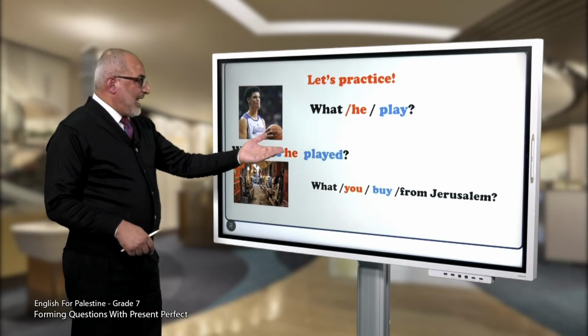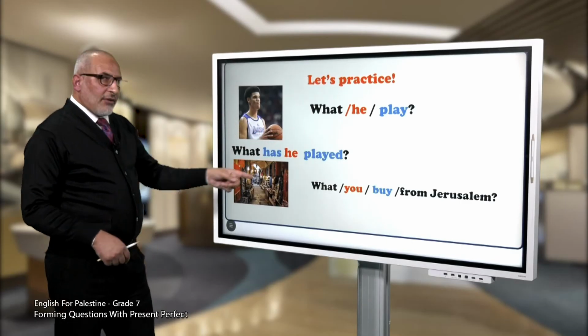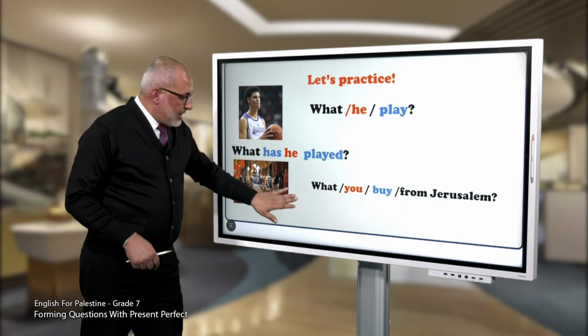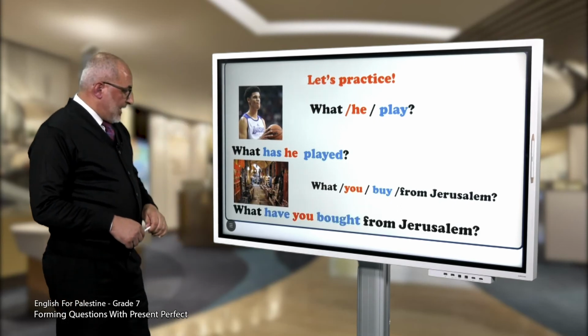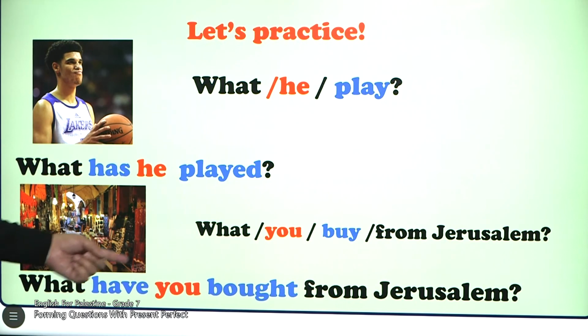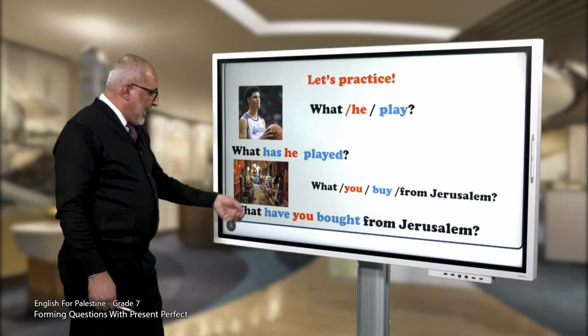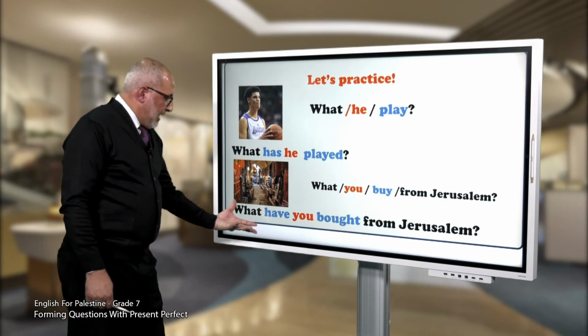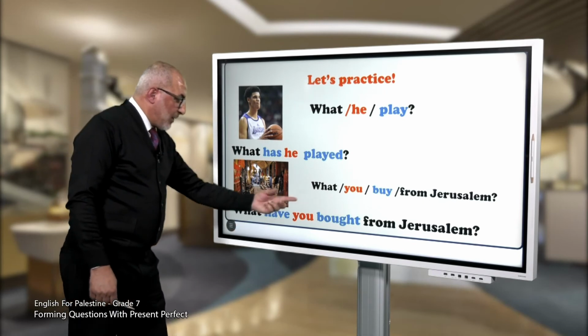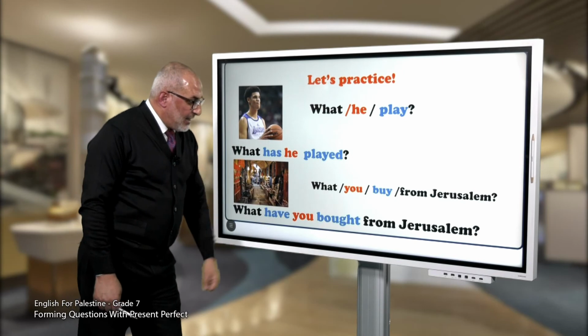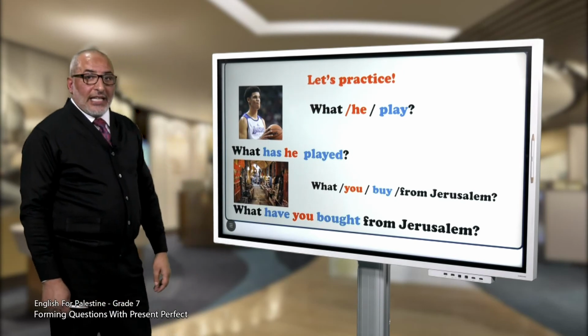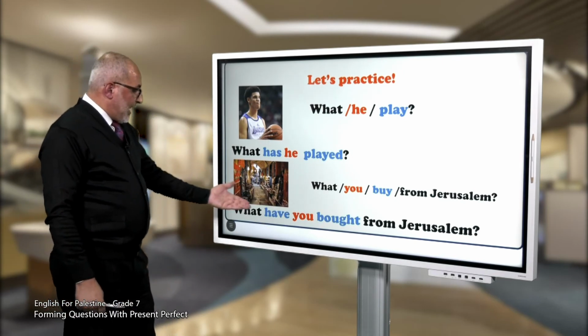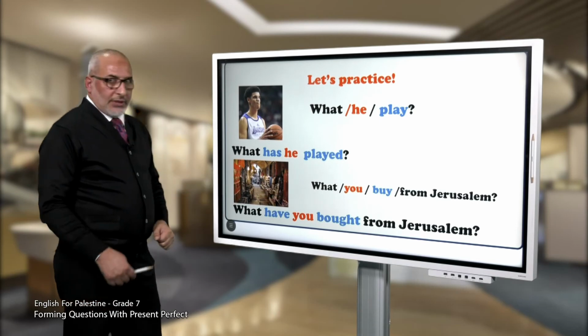What has he played? Good. What about the second one? Let's see. Yes. What have you bought from Jerusalem? What is the WH word. Have is the auxiliary. We use have here because the subject is you, and then the past participle of buy is bought.